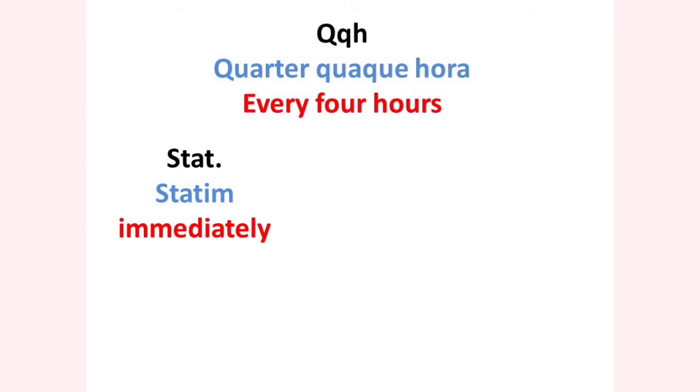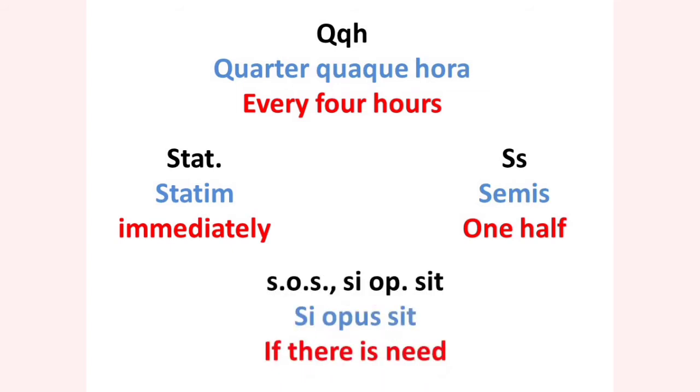And another is stat. Stat means statim in Latin, and in English it is immediately. Whenever you have to take a single dose immediately, that is known as a stat dose. Another is SS, which means semis in Latin and 1/2 in English. Another is SOS or si opus sit, which means if there is a need.